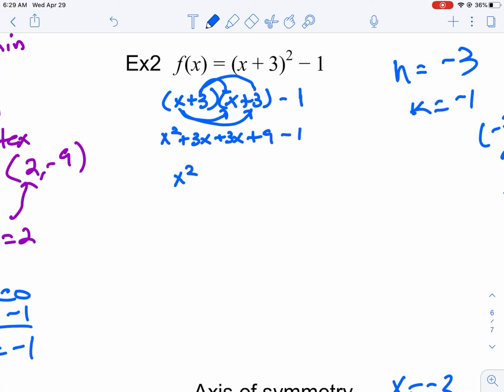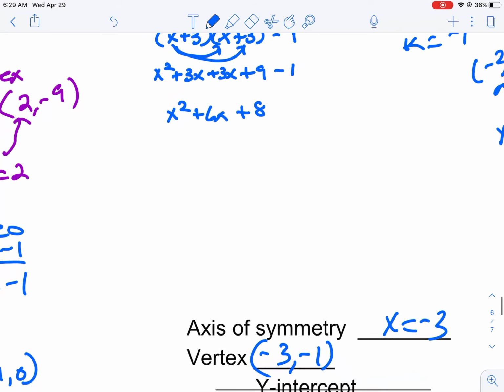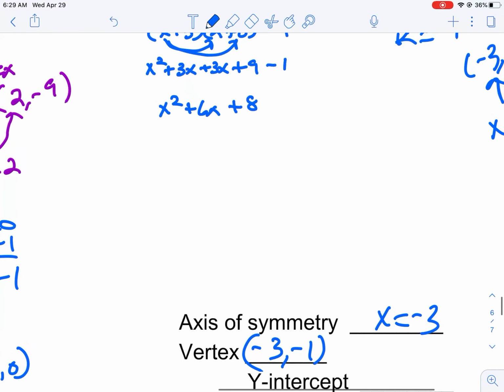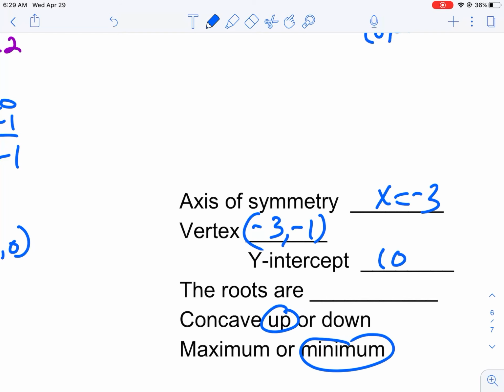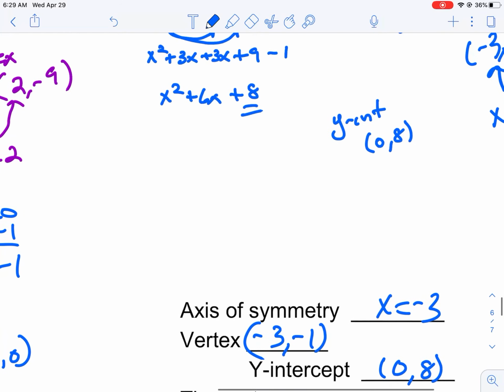And that becomes x squared plus 6x plus 8. So we know the y-intercept, excuse me, is (0, 8). (0, 8). Let's put that in there.